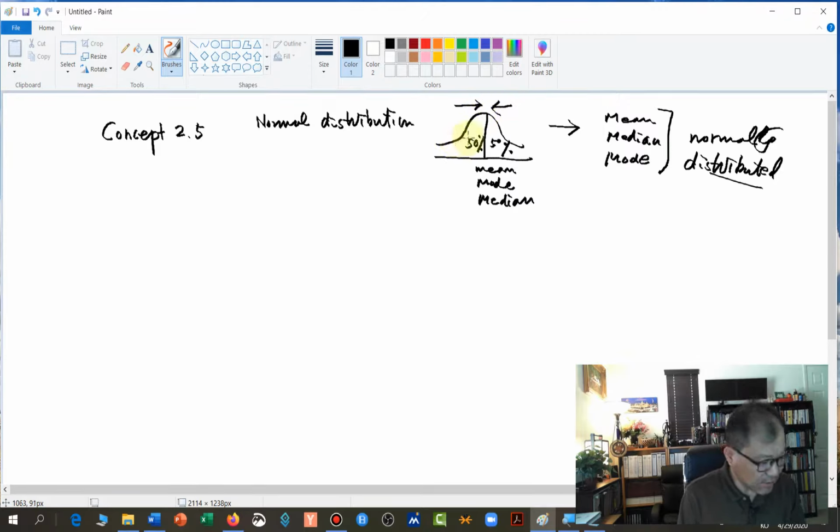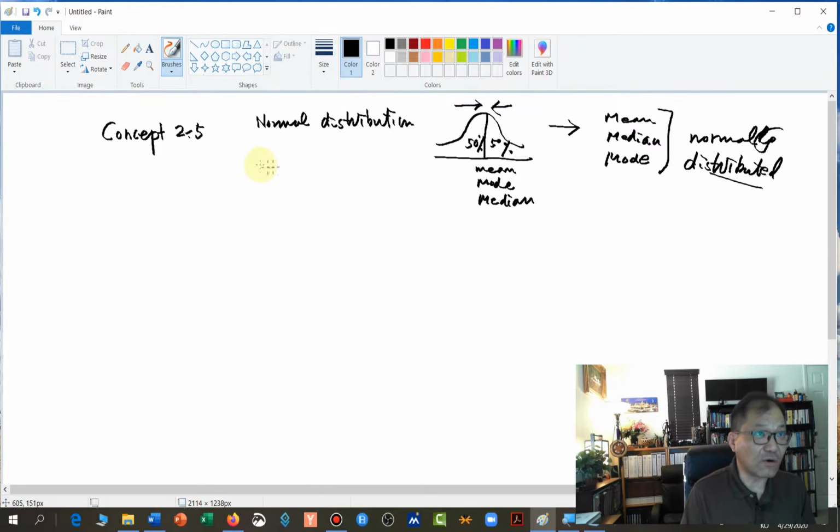However, concept number 2.5 is somewhat different. Now we wanted to make sure, what if numbers are not really normally distributed, and you will see some outliers, you will see some variability, numbers will be different.